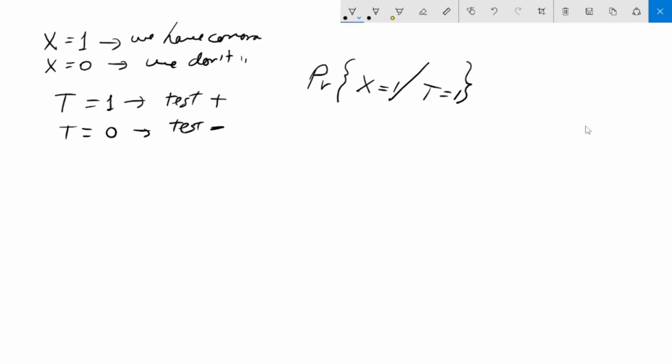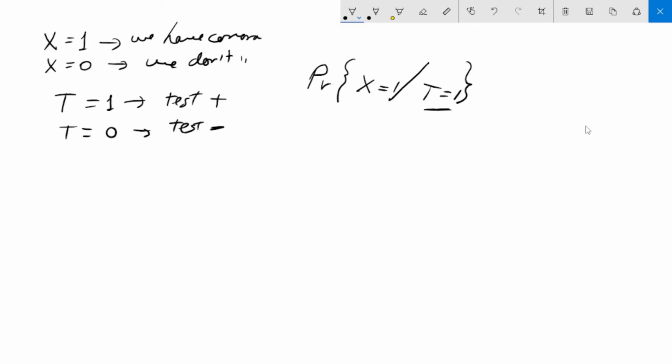Or in other words, what is the probability I actually have corona given that the test was positive? If we look closer, this is a conditional probability, something you have probably seen in probability lectures, and we can formulate this probability based on the Bayes theorem.